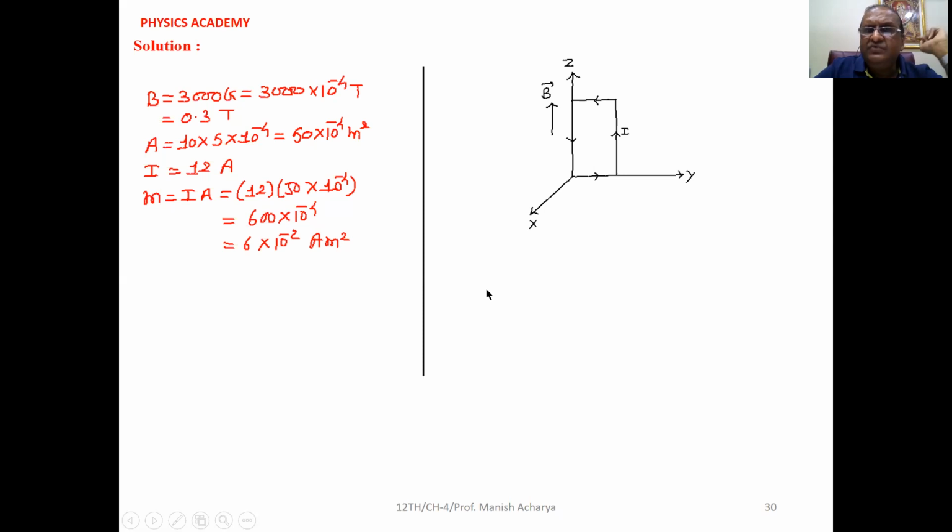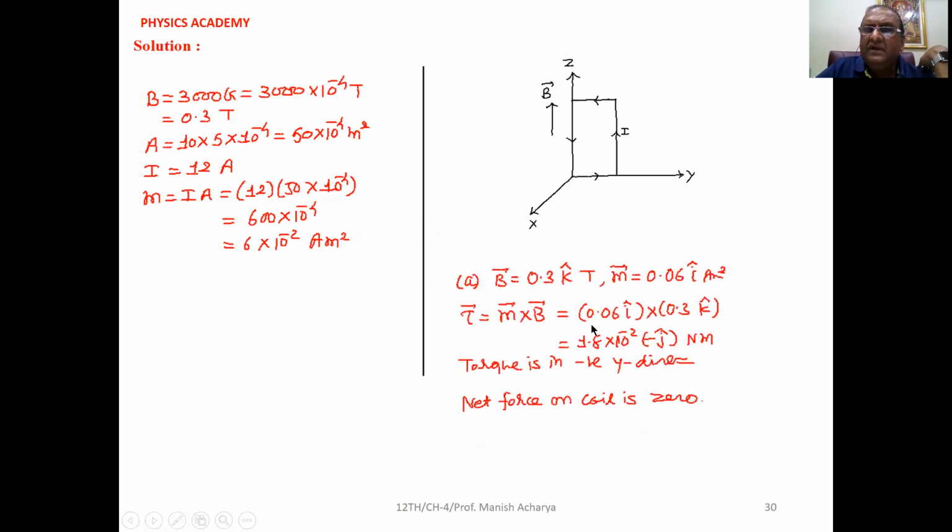Now, suppose we think about this first case in which the loop, as shown in the figure, is in the YZ plane, and the current in the loop is in the anti-clockwise direction. Now see here, how to find out the direction of the magnetic moment. We discussed in the theory, magnetic moment M is I into A. So we have to use the right hand thumb rule.